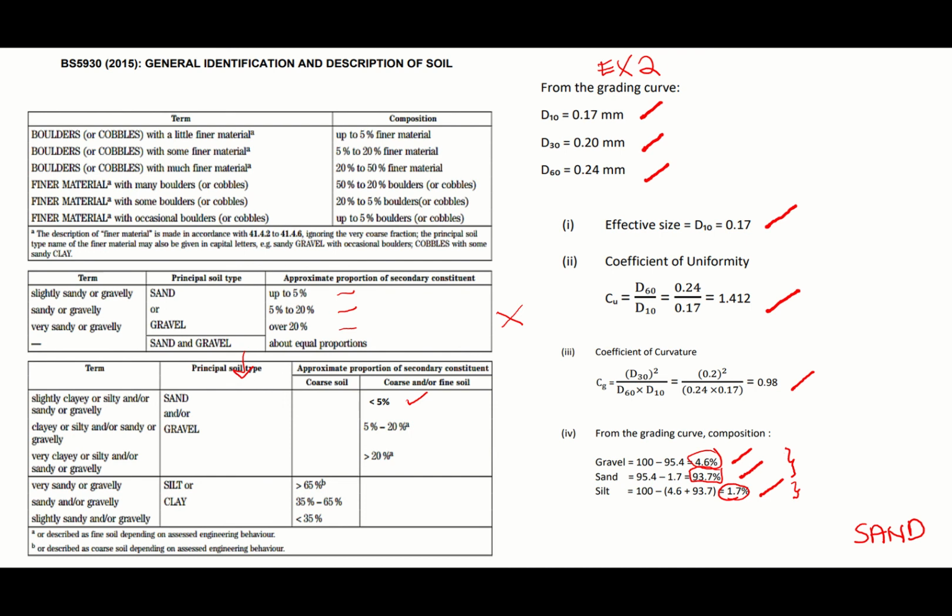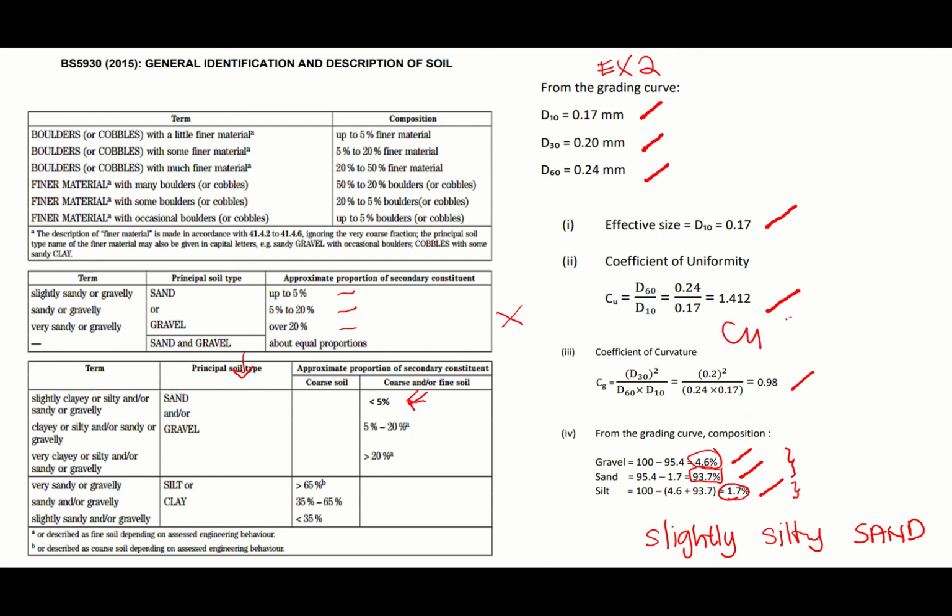So because the secondary term is less than 5%, we will use slightly silty sand.